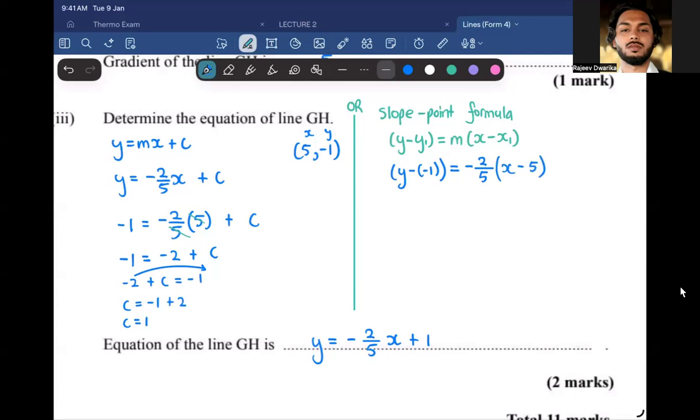All right, now we're going to simplify. So you can drop the brackets. y minus -1 is y plus 1. Again, you're going to apply the distributive property, and so you're going to multiply everything on the inside by -2/5. So what is -2/5 by x? -2/5 x.